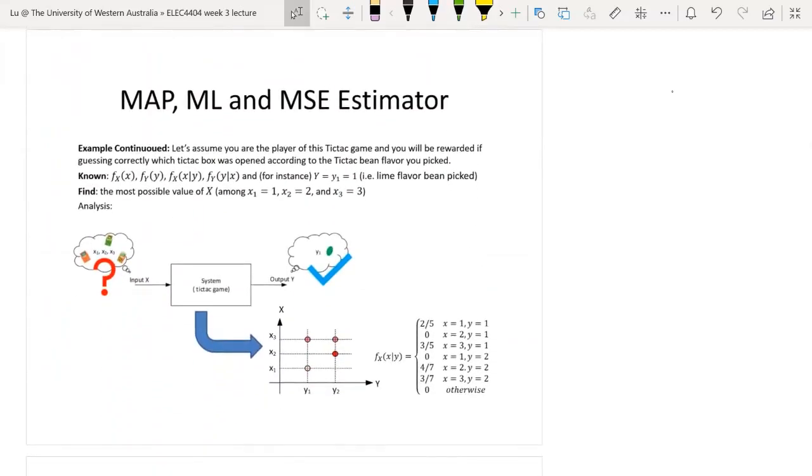Now let's just extend this example. Let's assume you are the player of this tic-tac game, and you will be rewarded if you guess the correct tic-tac box, which was opened by you, according to the tic-tac bin flavor you picked. So in other words, in this case, I will just ask you to pick up a bin from the bag without looking at which box you are opening, okay?